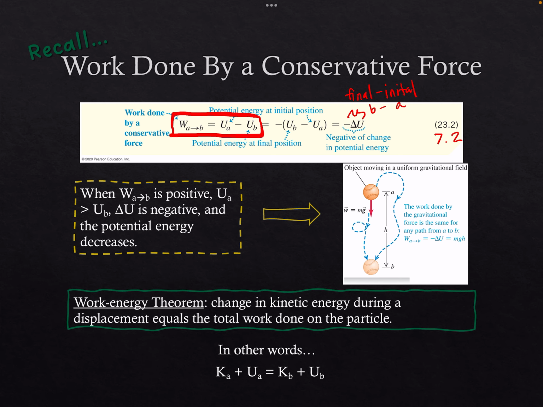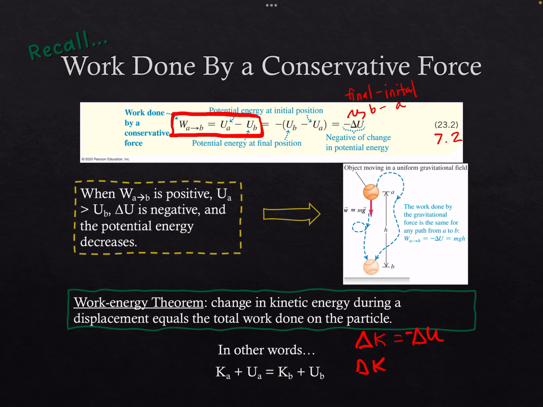So recall this fact: work done by a conservative force means that we can relate it to a negative change in potential energy. And then the work energy theorem, which follows from the work done by a conservative force, allows us to relate the change in kinetic energy to the change in potential energy.